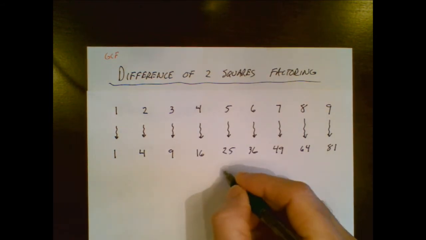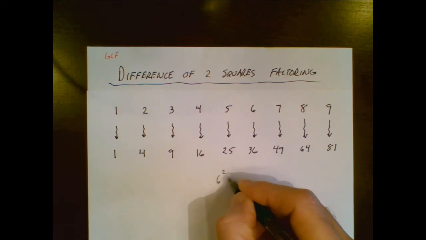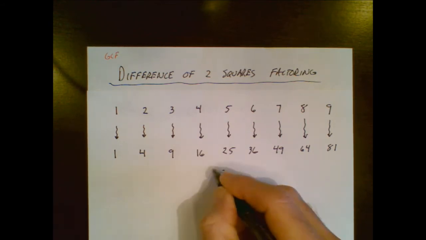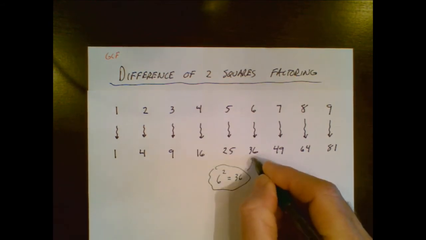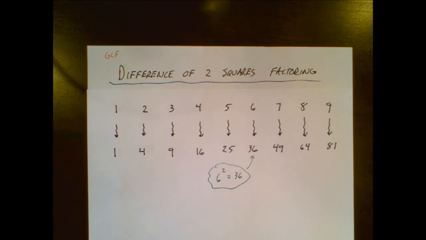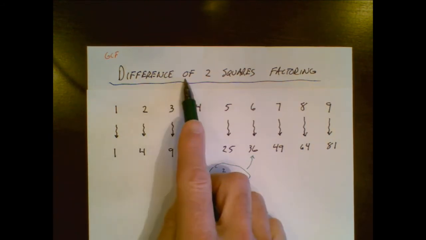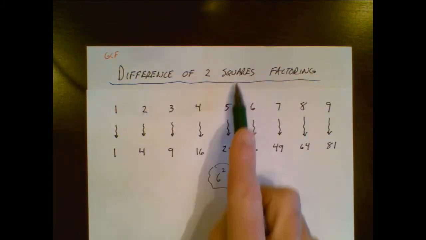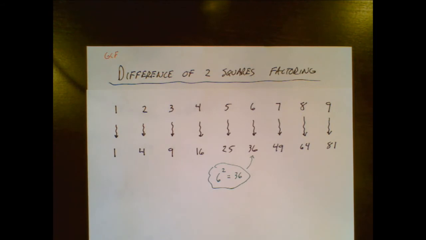Basically, anything squared, you should know what that is, because that's what's going to help you in difference of two squares factoring. That should be a big hint that you need to know your squares. If you don't have these at the top of your head, write a list exactly like that and have it available when you're doing these problems. If you do that, they'll go into your head anyway.